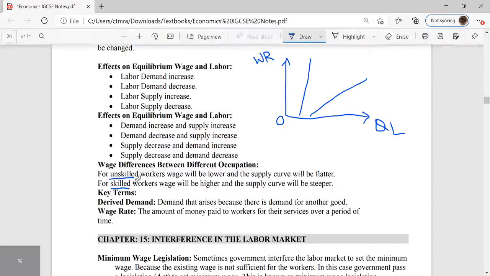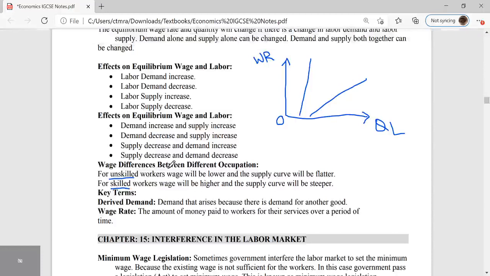Yes, unskilled labor, right? Because who is an unskilled labor? Almost everybody. You don't need training, you don't need to have any skill. So most of the people around us are unskilled labor. And who is a skilled labor? You need proper, long training, and afterwards you become a skilled labor.